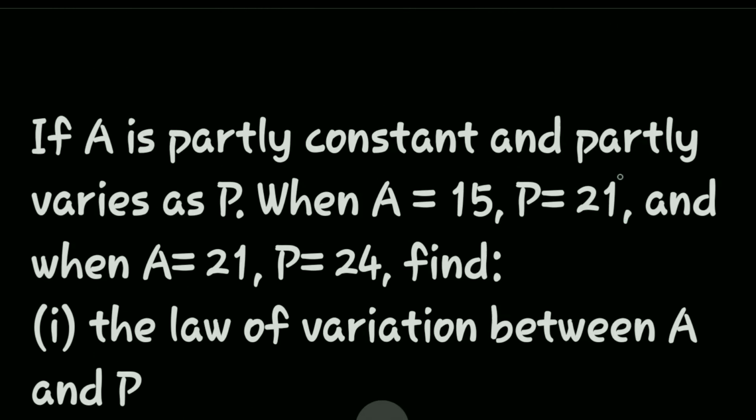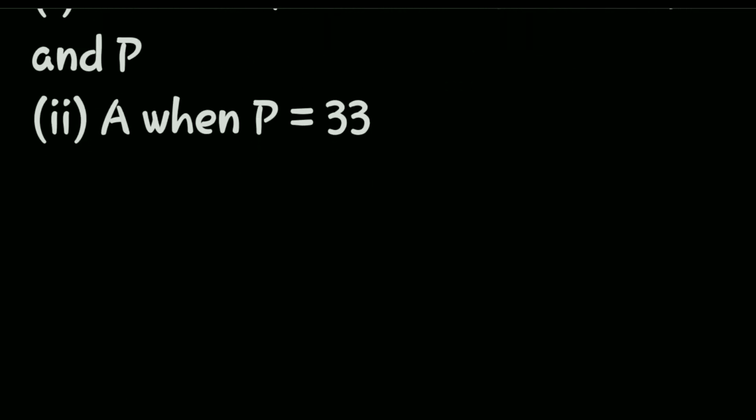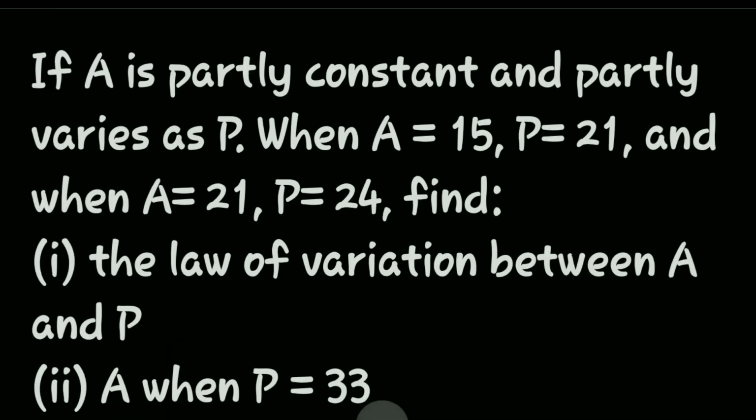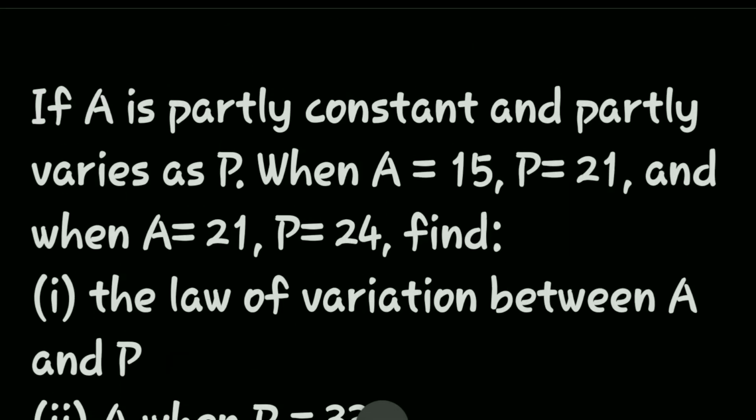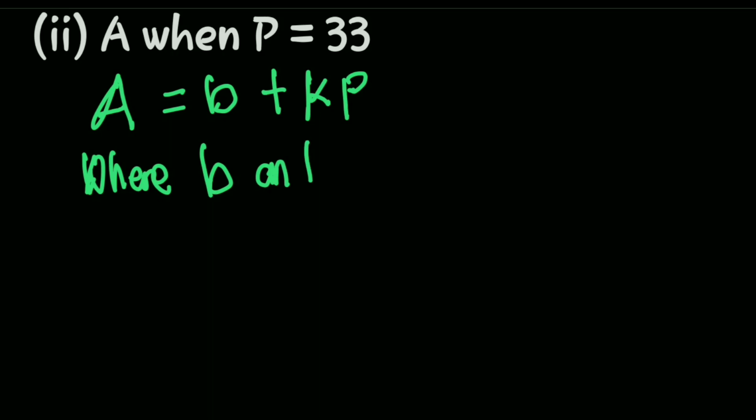A is partly constant and partly varies as P. Partly constant, so we would have A equals to a constant term, B, plus, and partly varies as P, that's plus KP. So we say where B and K are constants.